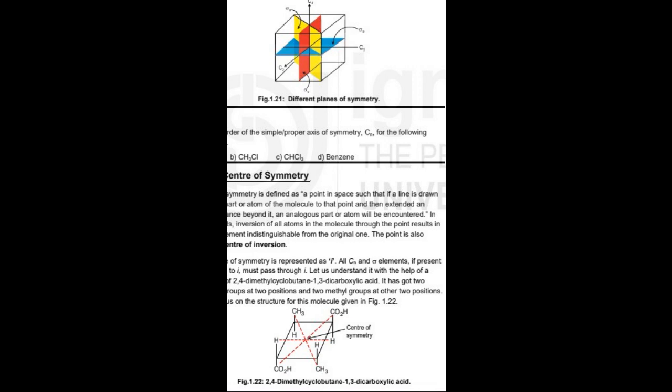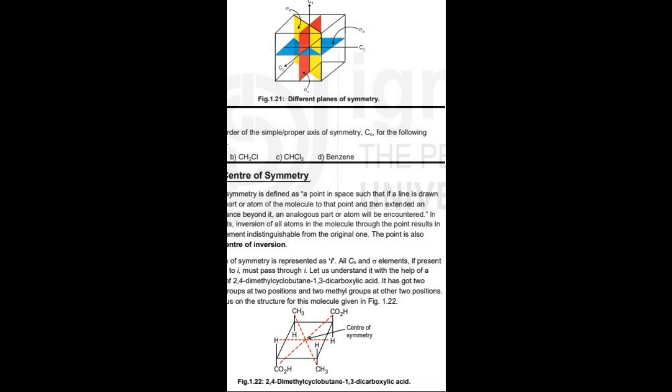Let us understand it with the help of a molecule of 2,4-dimethylcyclobutane-1,3-dicarboxylic acid. It has two carboxyl groups at two positions and two methyl groups at the other two positions. Let us focus on the structure for this molecule given in Fig. 1.22. We draw a line from the carboxyl group, pass it through one point as shown in the structure and extend beyond.